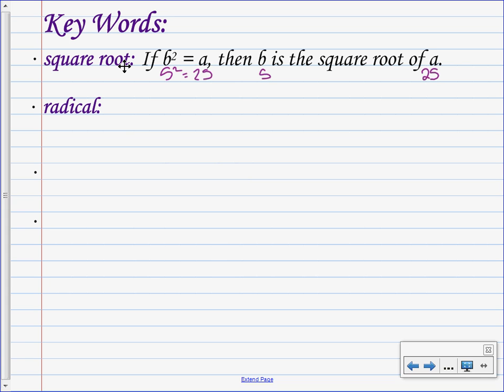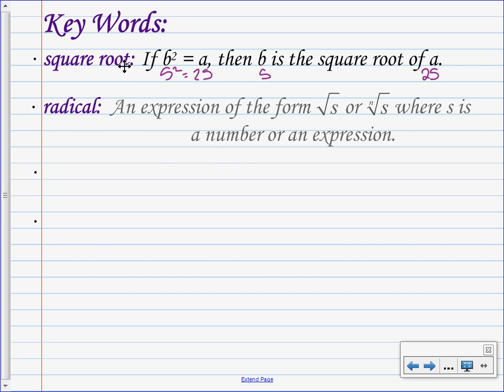Radical. It's an expression of the form the square root of s or the nth root of s, where s is a number or an expression. And yes, we haven't dealt with nth roots yet, and I think that's in the next couple chapters.